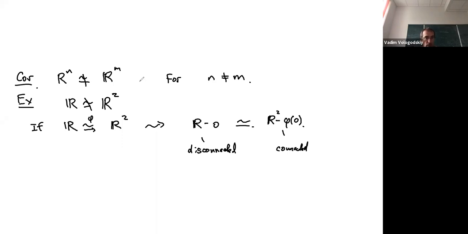A homeomorphism between Rn and Rm would provide a homeomorphism between the punctured spaces. And in fact, these punctured spaces are not even homotopy equivalent. Very good.